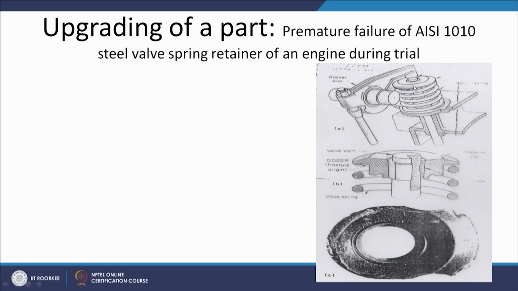So, this is the spring retainer cap, and the cross section of this cap can be seen. This is the upper portion, and there are different levels in the cap which are used to accommodate these springs. So, the retainer will always be under the loading due to the spring.